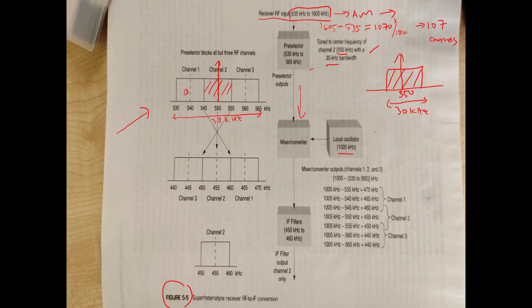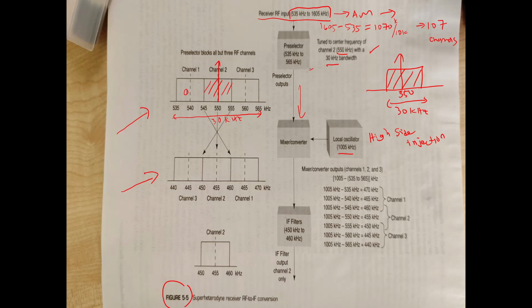So this is what we call high side injection, because FLO is larger than the FRF frequencies selected by the pre-selector. So the mixer converter will down convert the RF frequencies into intermediate frequency.